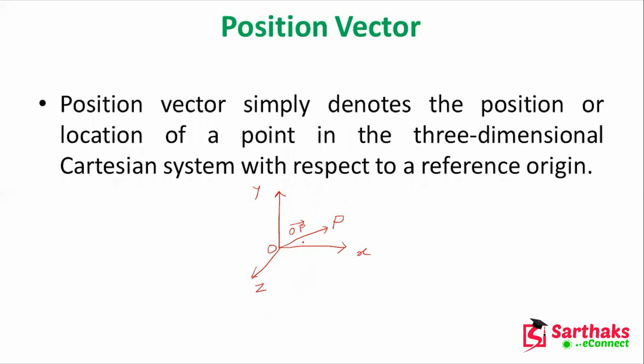The coordinate of the O point is 0, 0, 0, right? Similarly, I can take another point that has the coordinate 1, 1, 1. So this is the position vector.